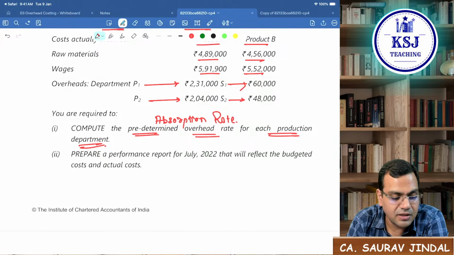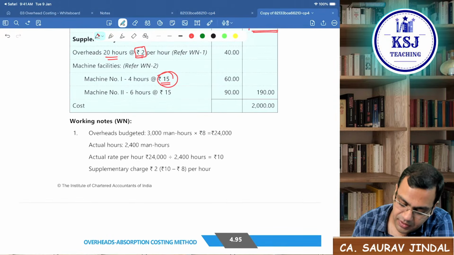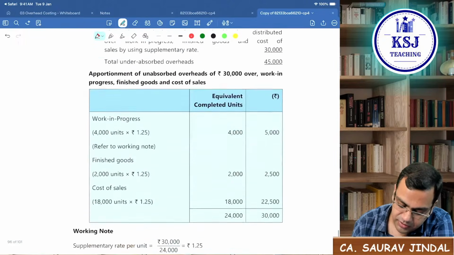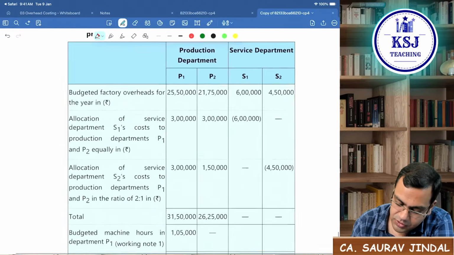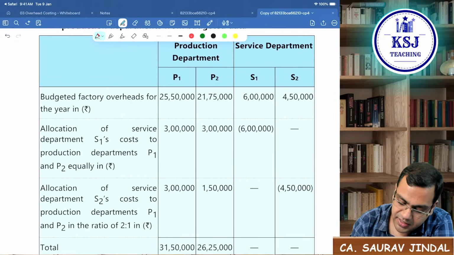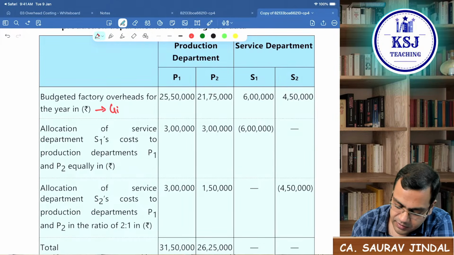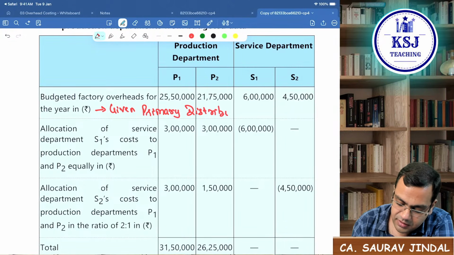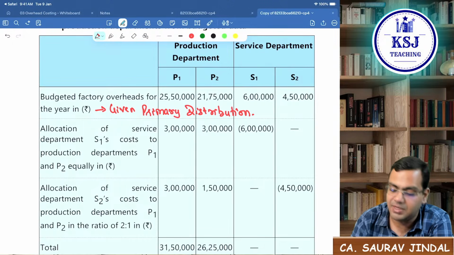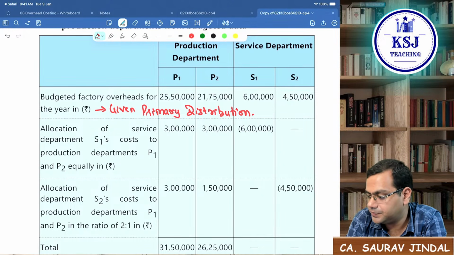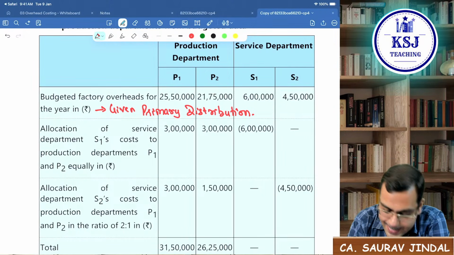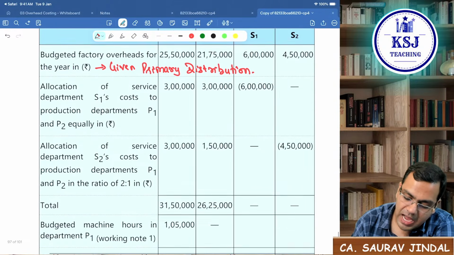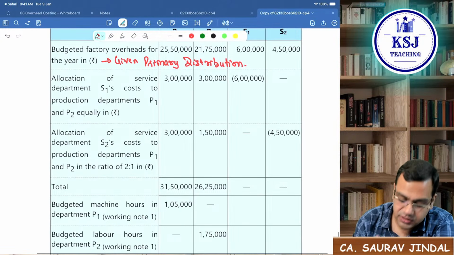But for that, the first step will be the secondary distribution. So the budgeted overheads for the year are given to you, and this is nothing but the cost as per primary distribution, the first step that we have done. Now, how to do the secondary distribution is also mentioned.